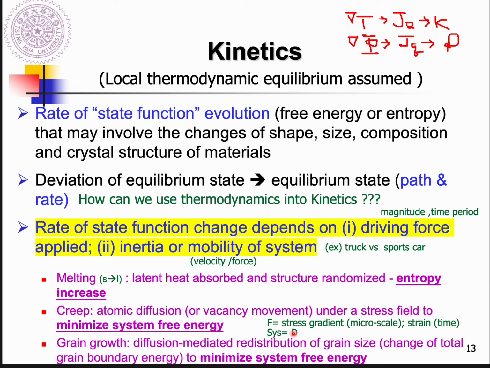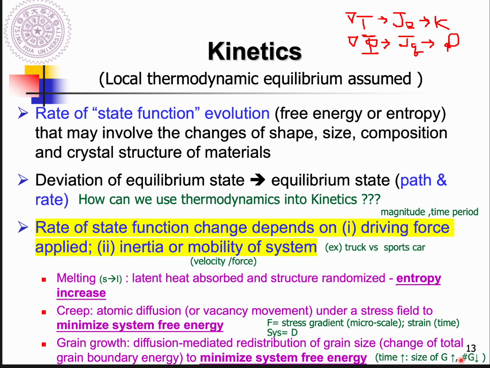Okay, so the third example here will be grain growth. What's grain growth? That means, first of all, definitely what we have is a polycrystalline material, and we observe that the size of grains increases and the total number of grains decreases.